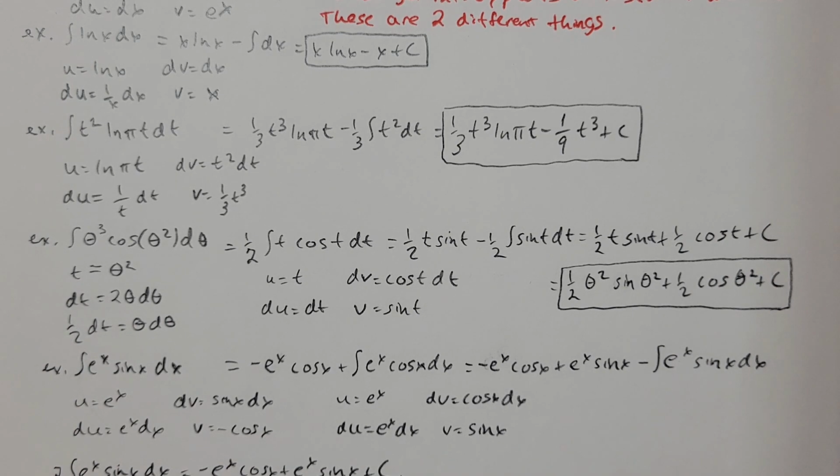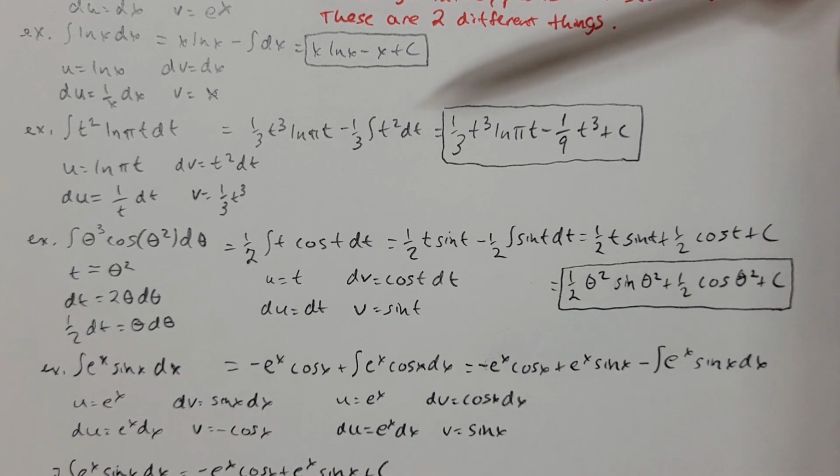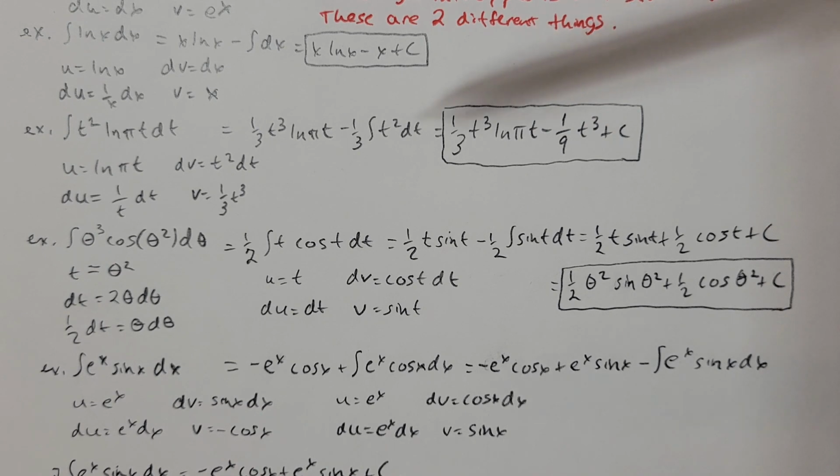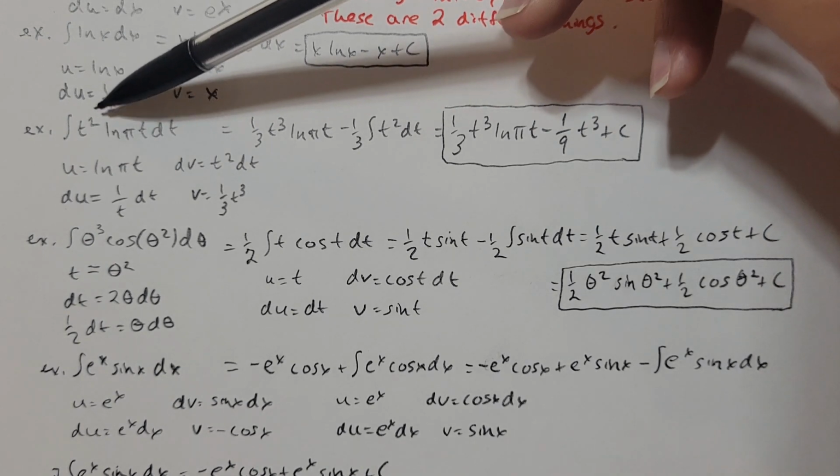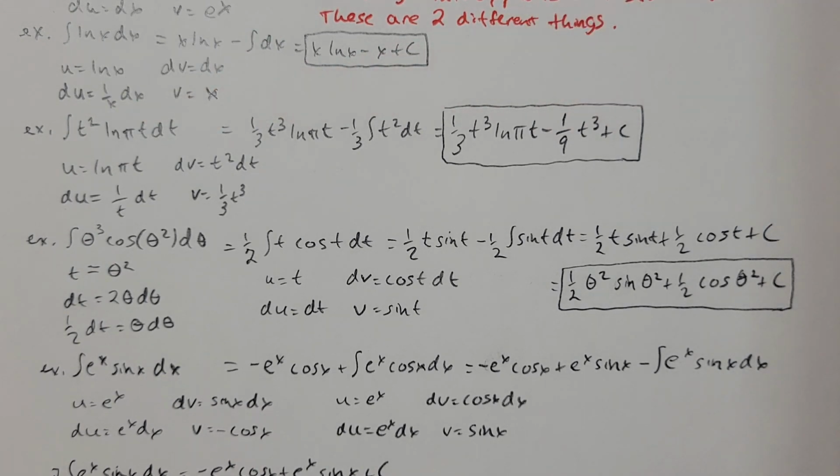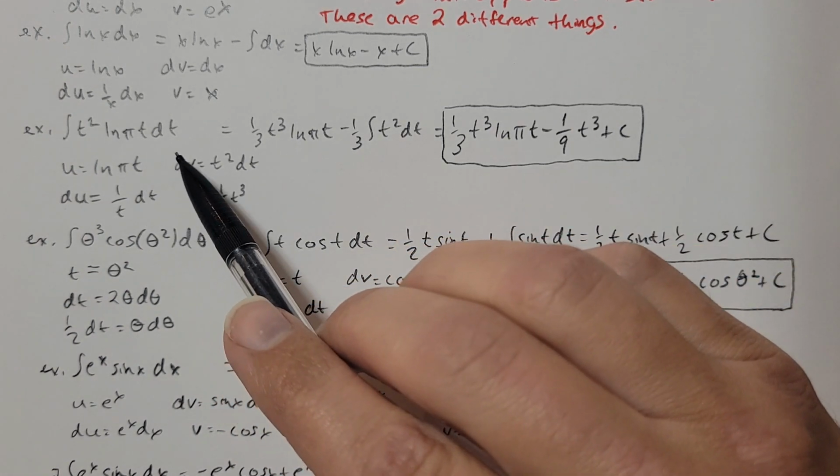Now, usually integrals involving the ln function are going to be where u is the ln function. Not always is that the case, but usually that's going to happen. So like in this problem here, we're integrating t squared ln of pi times t dt.